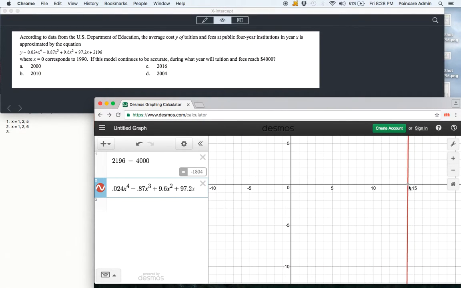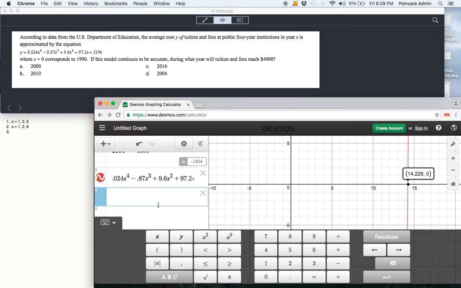So what this is showing us, and it looks like I actually did it right this time, is 14.228. The weird part is that we were finding this in terms of 1990. So we have to say, okay, 0 is 1990.